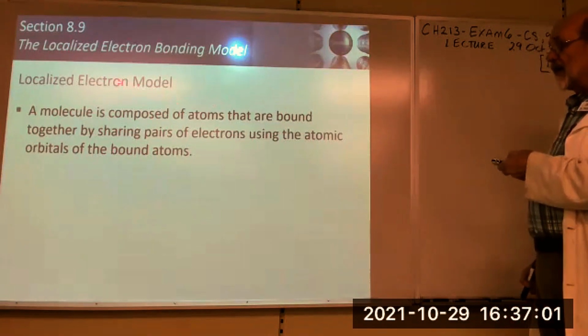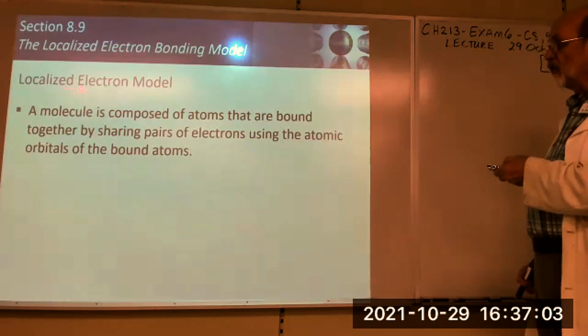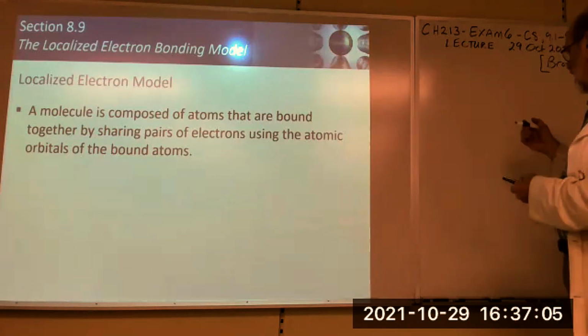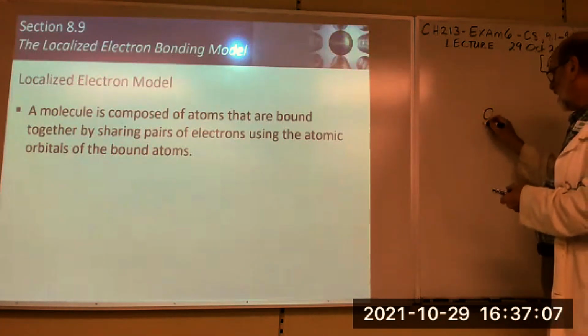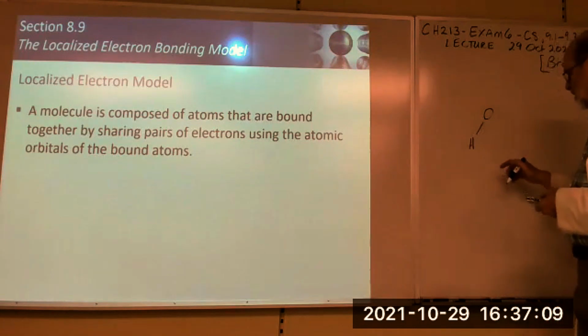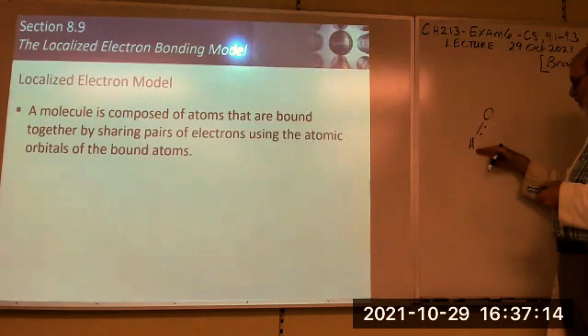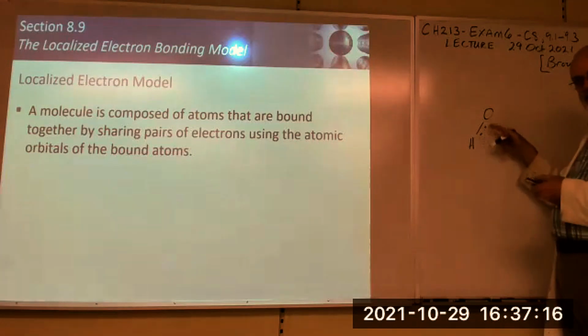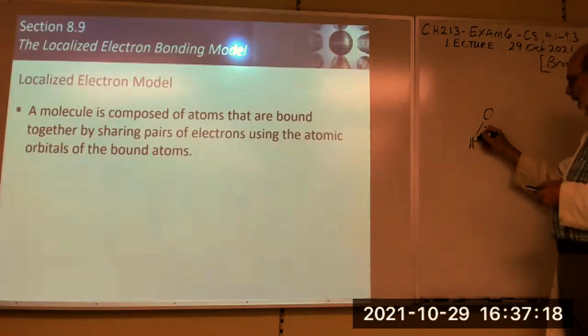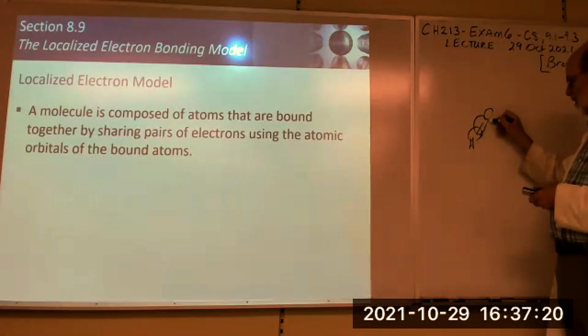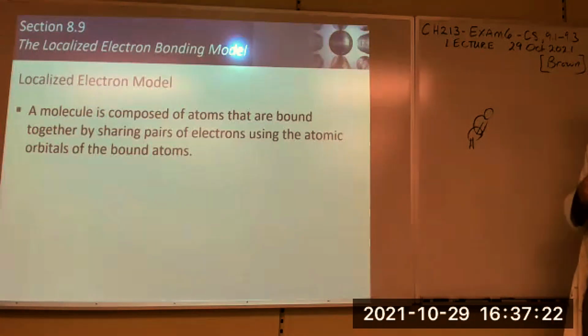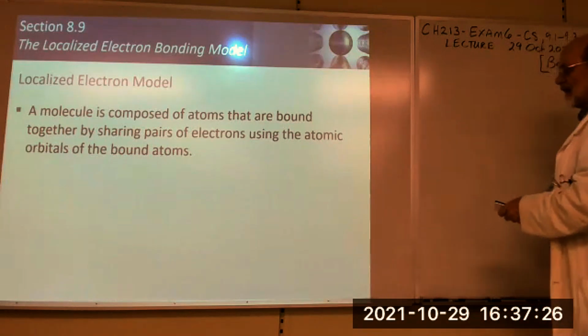So the electrons themselves are still considered to be at home. If you've got oxygen and hydrogen, the electrons in here still belong here and this one belongs here, but they sort of share in the middle, and they overlap orbitals in order to make that bond. So that's the localized electron bond.